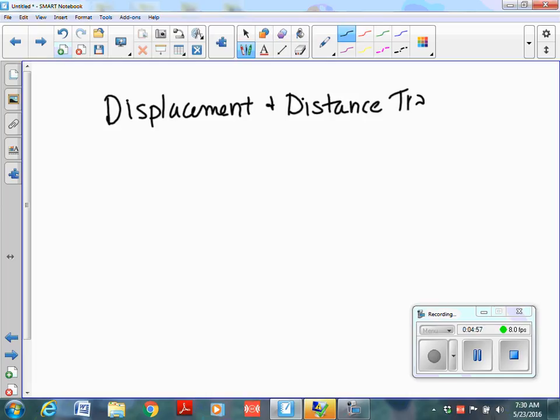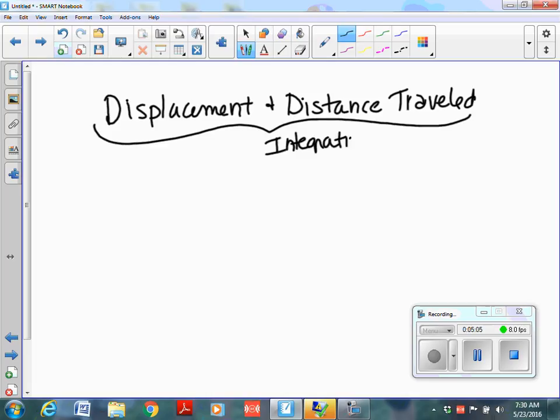This all deals with integration, right? I showed you how to find the velocity acceleration of a vector. Now I'm going to show you how to integrate. So, if you are given, I'll give you the displacement formula first.